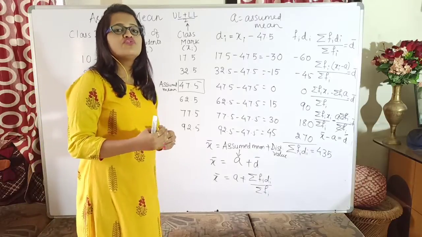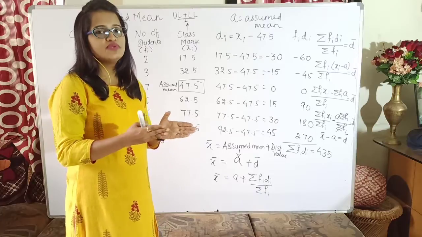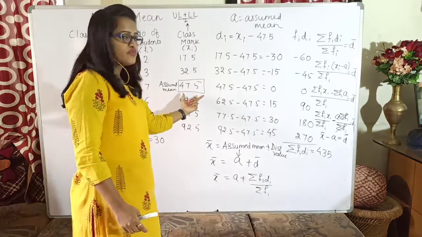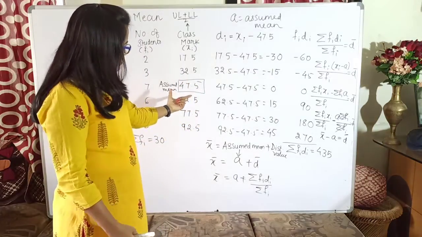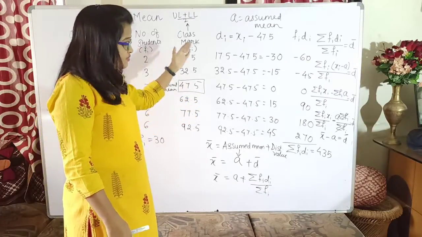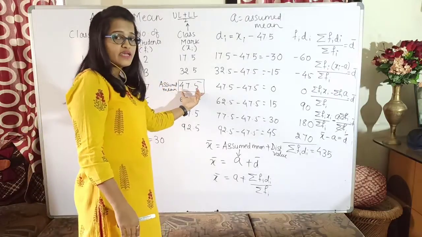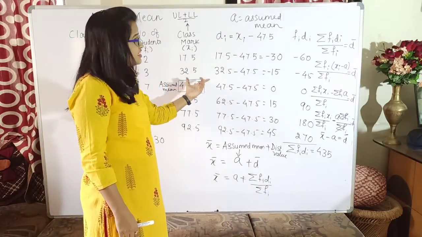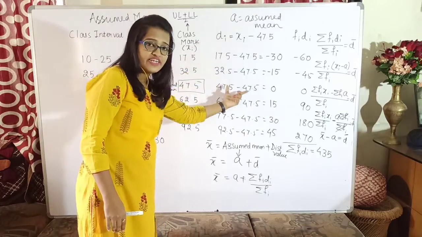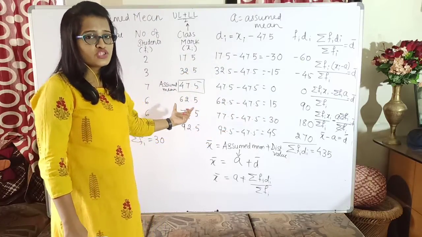Then we find the deviations of the other observations from that assumed mean value. Here 47.5, since it was considered to be a mid value, you could have taken 62.5 also, and either way you will get the same value. So this value is my assumed mean, which could also be represented as A, and then I found deviations of all the xi's with respect to the assumed mean.